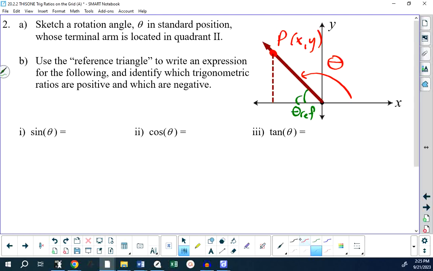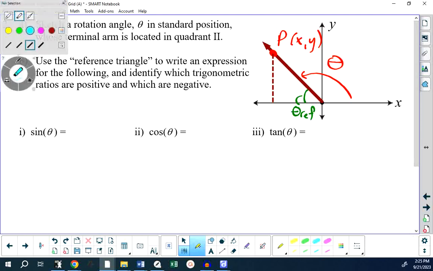It's saying use the reference triangle to write expressions for sine, cosine, and tangent. Well, everybody, this distance, and I don't want to add too much to the diagram, so I will just verbally tell you, this distance is still y.